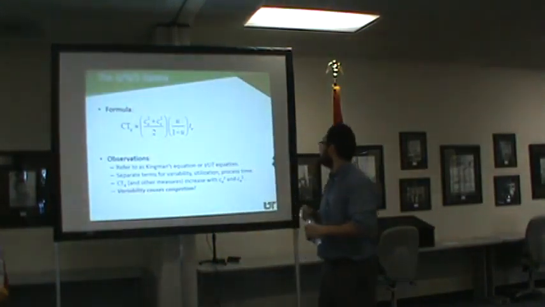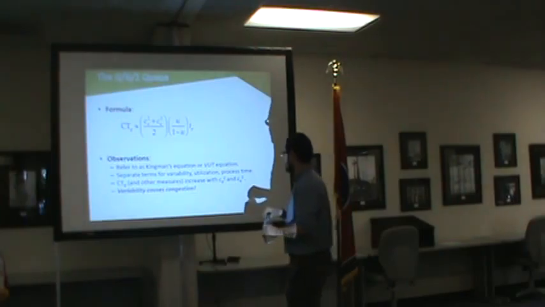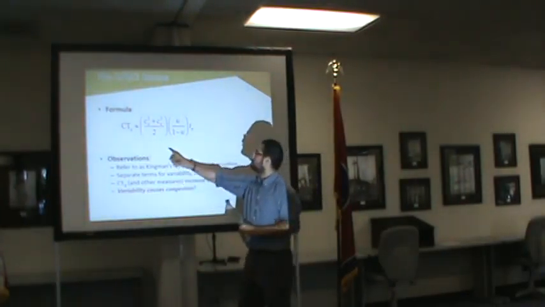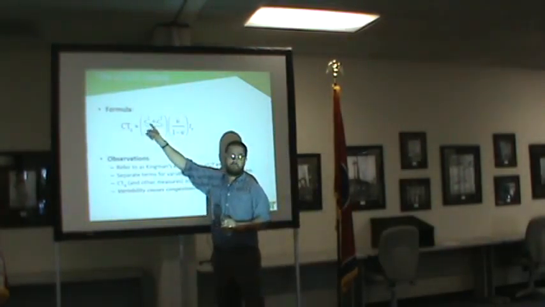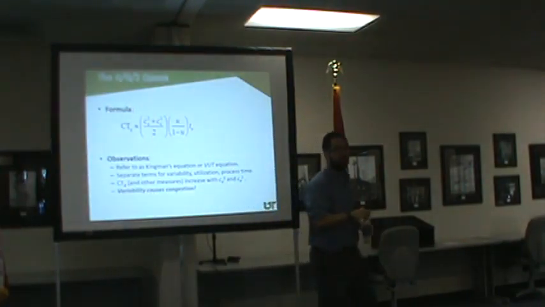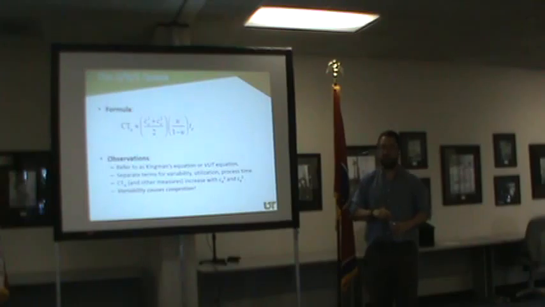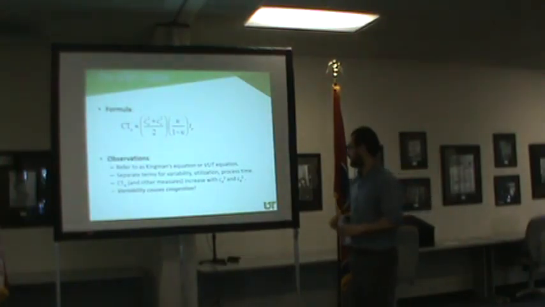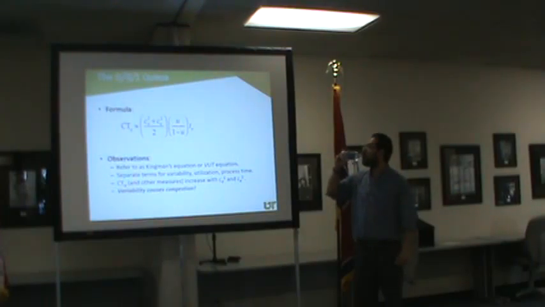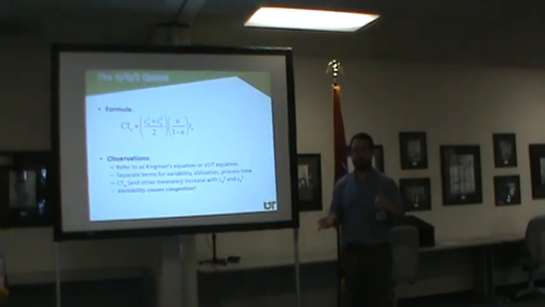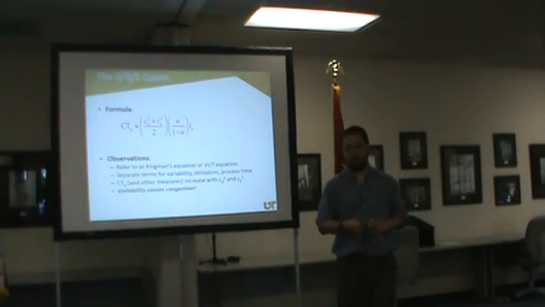So the whole point of this is basically that we introduce both parameters into the equation, which means that the variability causes congestion, because waiting time increases if the coefficients of variation are higher.